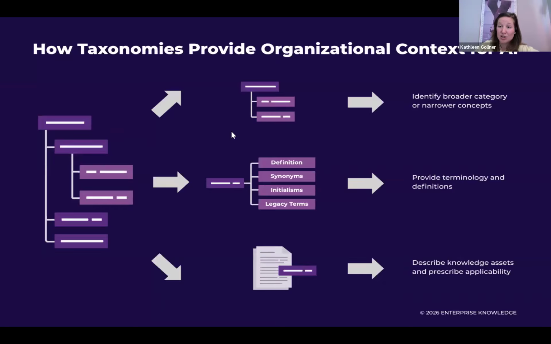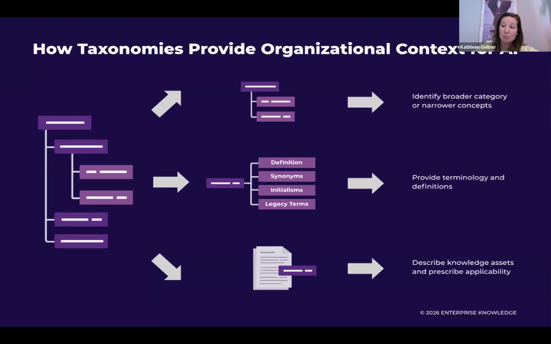And then water intrusion is in our taxonomy listed underneath property damage. So then we have this additional context we can convey to the AI saying water intrusion is a type of property damage. More crucially, we can go narrower and identify specific types of water intrusion, say storm events versus leaking pipes, which crucially have very, very different coverage policies.